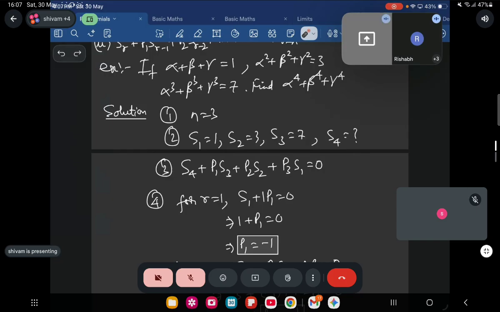Yes, sir. Rishabh, quickly tell me the equation for S5. Over here for R equal to 5, what will be the equation? For R equal to 5, we will use the second equation. So tell me.